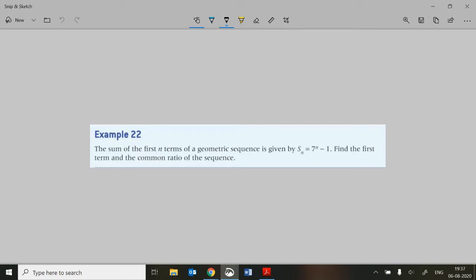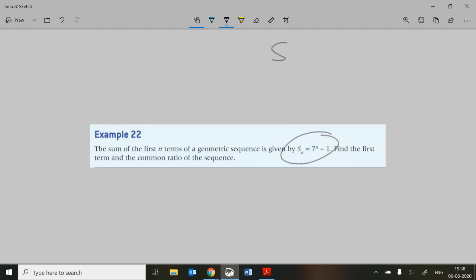Example 22. The sum of the first n terms of a geometric sequence is given by Sn equals 7 to the n minus 1. Find the first term and the common ratio of the sequence.